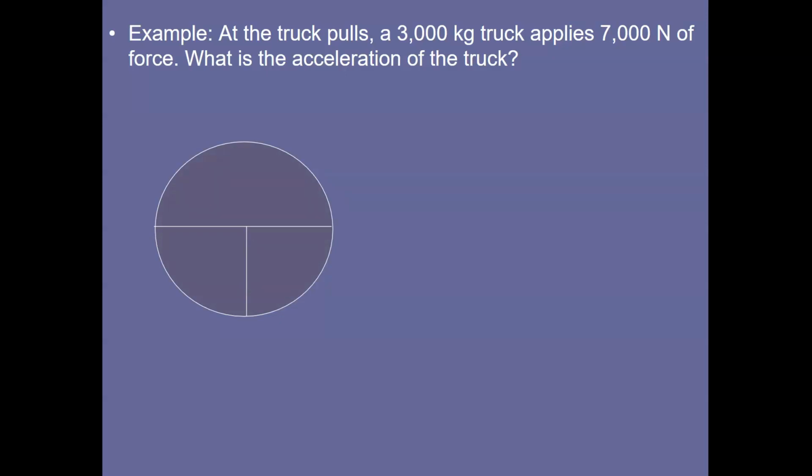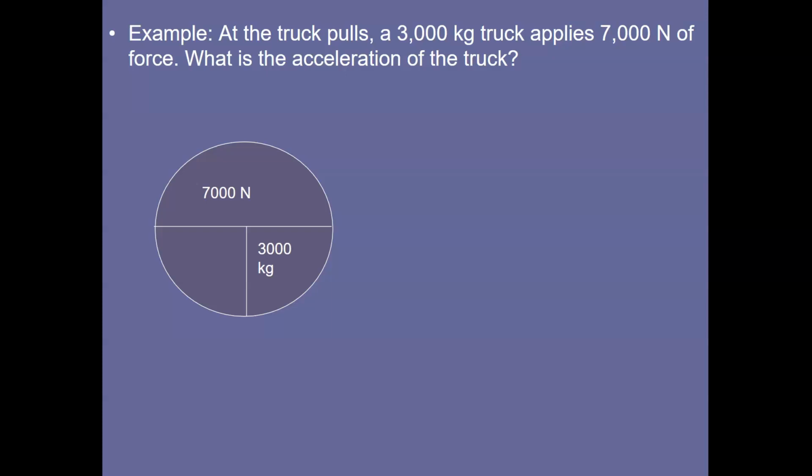And this is an easy way to remember what kind of calculation you have to do. So I would take what I know. I know I have a 7,000 Newton force, so that goes on the top of my circle. And I know that the truck had a mass of 3,000 kilograms, so that goes on the bottom portion of the circle.